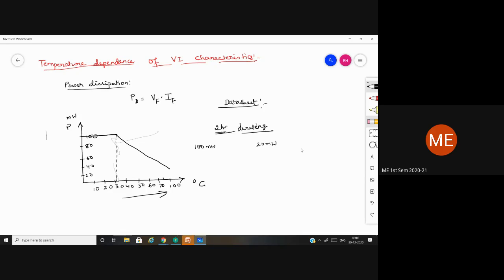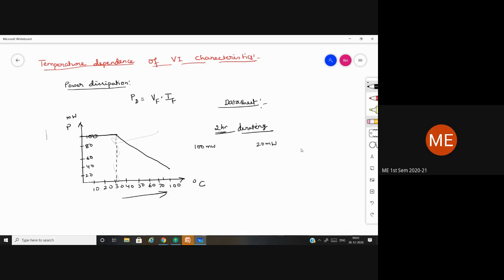So the surrounding heat will be more. You're using the diode in a circuit, and that circuit is fixed to a machine. In that machine, let us consider it is getting heated up. So in line with that, the diode is also getting heated up.